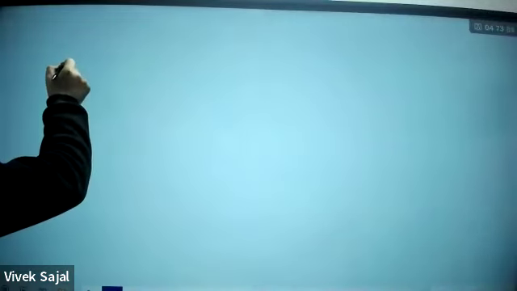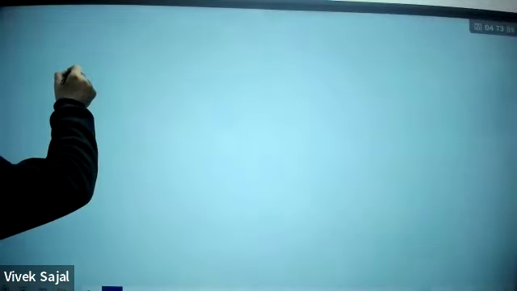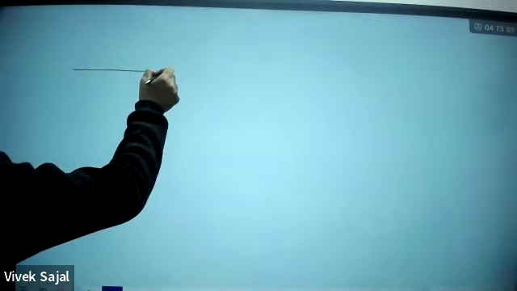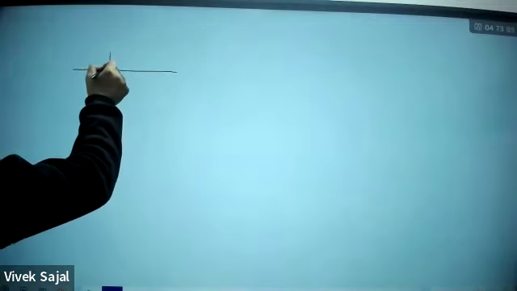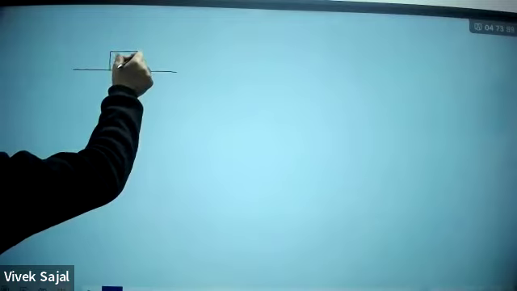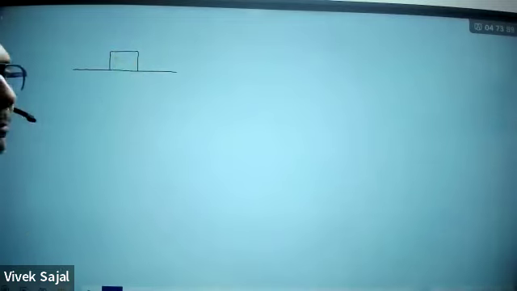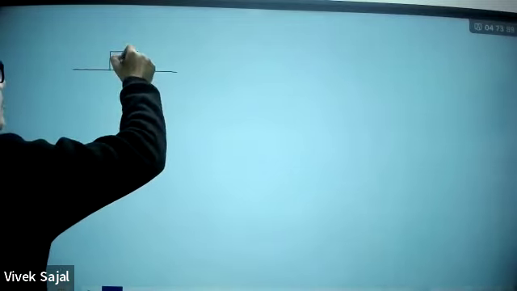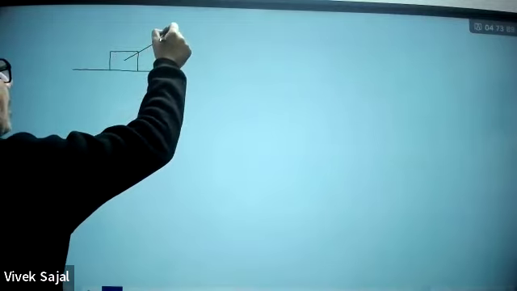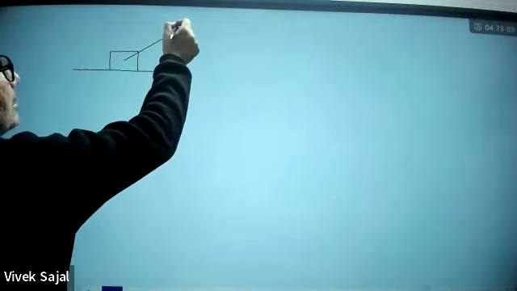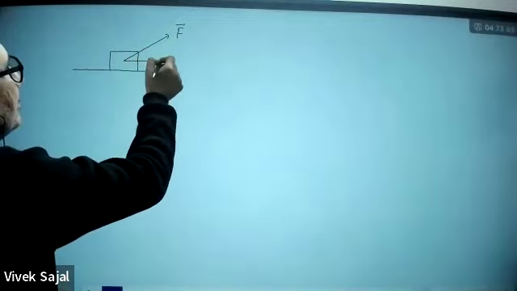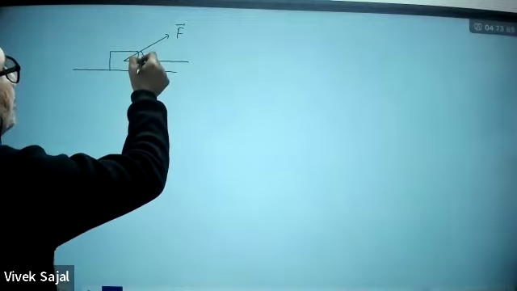So, first example here: suppose you are having an object on a smooth surface. This is a block of mass m, and I am applying a force F on this object at an angle theta with the horizontal.